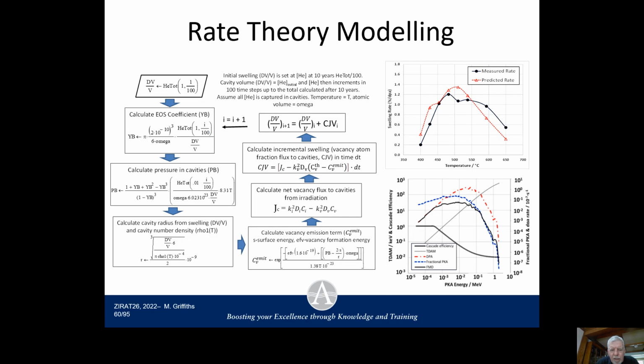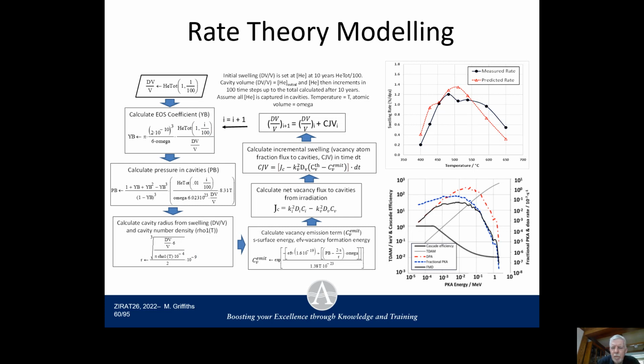And as part of that model, it employs freely migrating point defects. And this is an example of the type of calculations one has to do to calculate how many freely migrating point defects there are after you've displaced all the atoms.